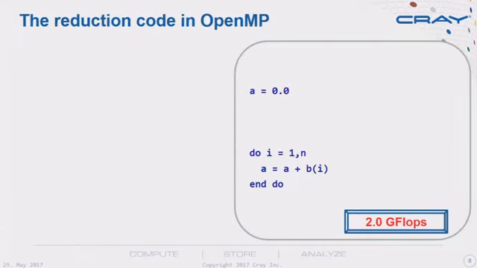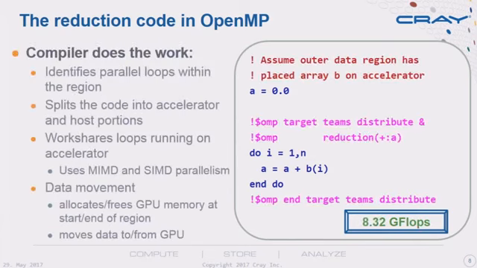Now we want to do the same with our directives. We again start with this simple code, and I will come in more detail to the actual meaning of the directives. We add just this one directive, which means that we want to distribute this on the GPU, and you need to mention that it's a reduction.